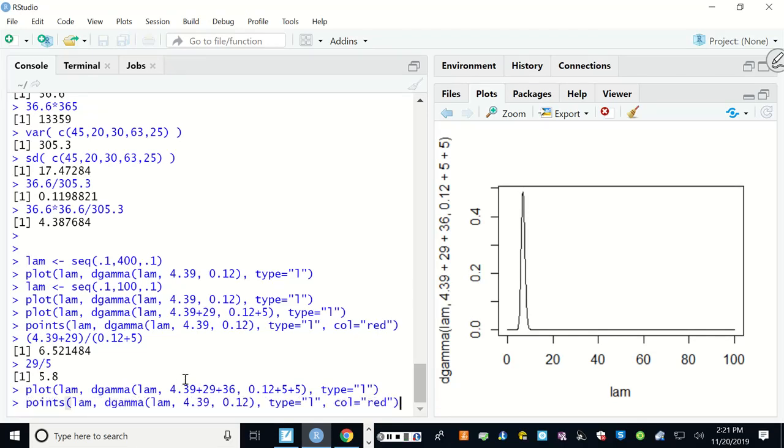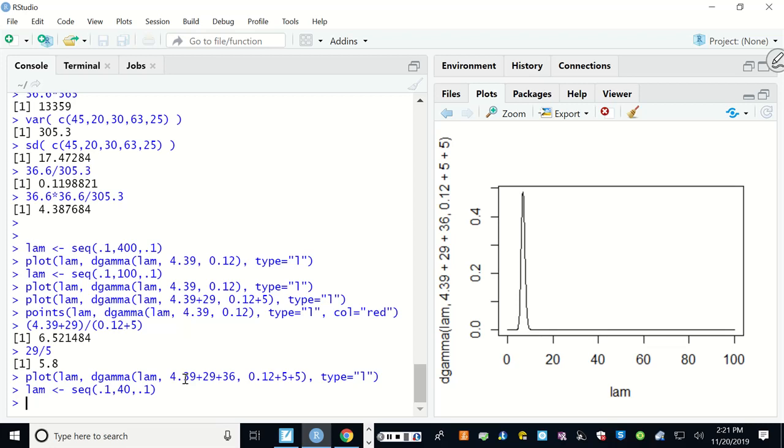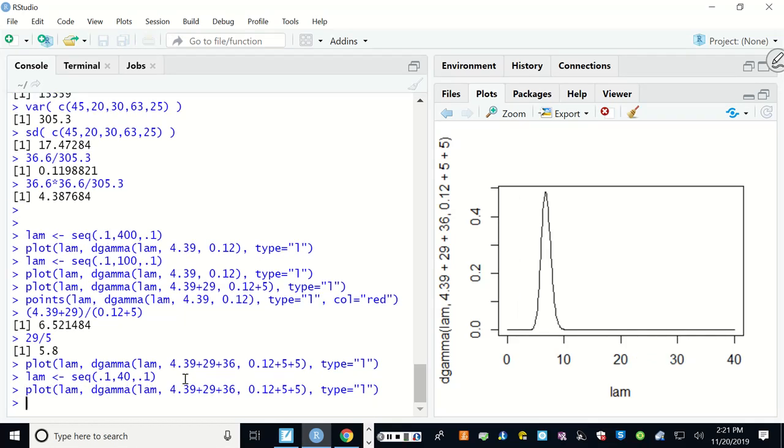Let's make lambda a little smaller, up to about 40 or so. Now this is the posterior distribution, with 10 observations, all pretty tight in here, and it's really narrowed down as evidence of where we think the average per day is.